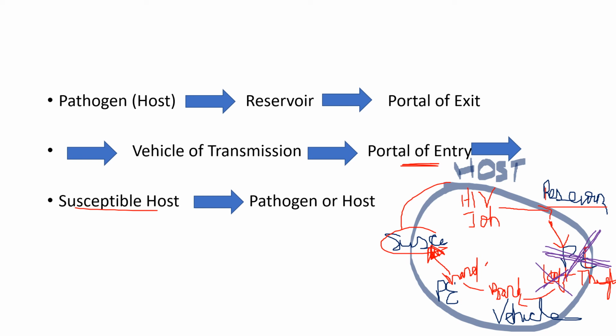Now, if we want to break the chain of infection at this level of vehicle transmission, we can do that by wearing gloves, the vehicle of transmission, putting the bandage with gloves on right into a biohazard bag. Okay, so it's not traveling anywhere. We could break it there.